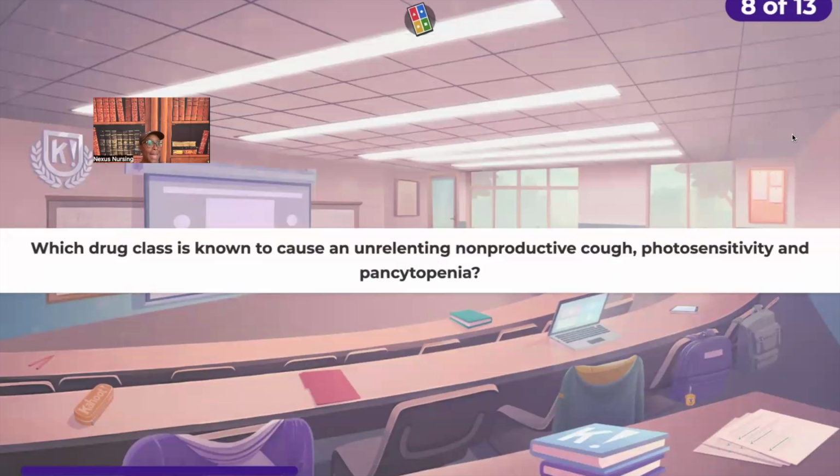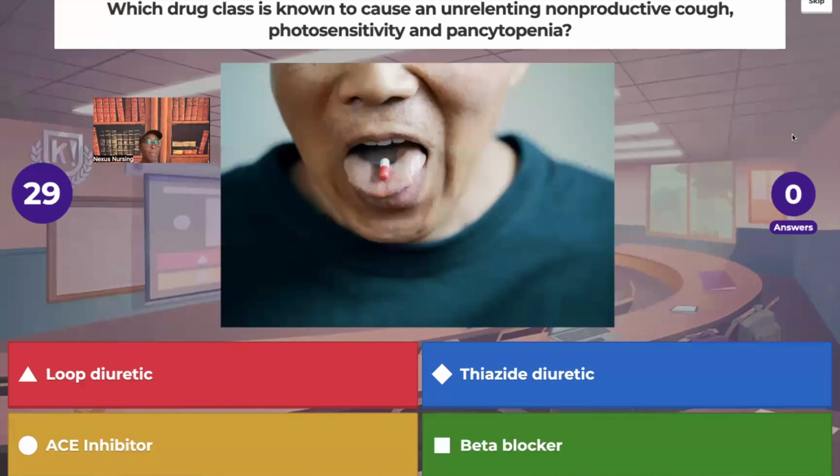What drug class is known to cause an unrelenting non-productive cough, photosensitivity, and pancytopenia? Is it loop diuretics, thiazide diuretics, ACE inhibitors, or beta blockers?